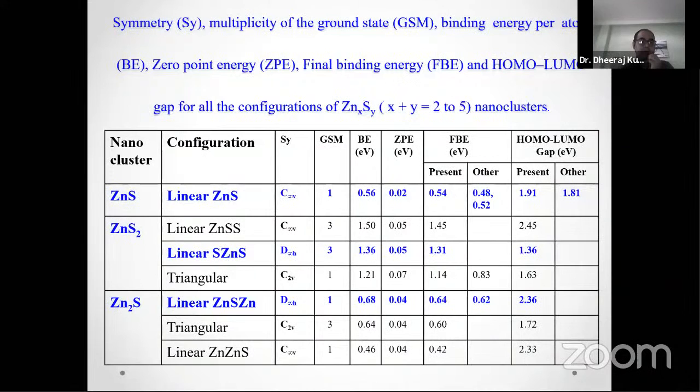For Zn2S configurations, linear Zn2S is considered as most stable because it has the highest final binding energy. This table includes the symmetry of the structures as well as ground state multiplicity, binding energy, zero-point energy, and then final binding energy. And we have also presented here the HOMO-LUMO gap of all these stable structures. Next.